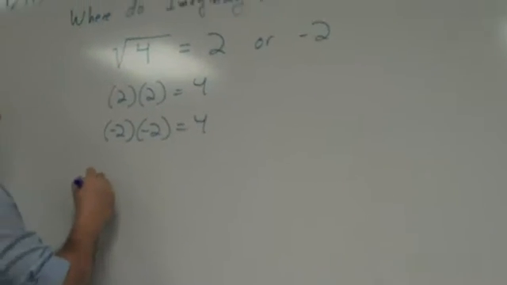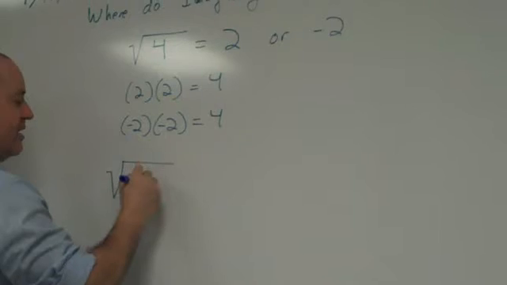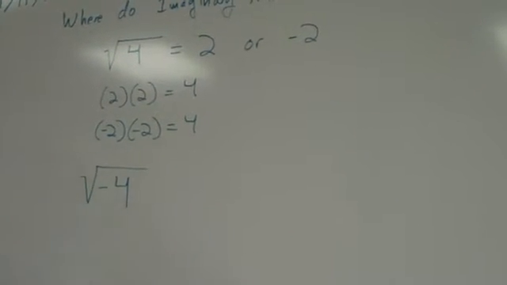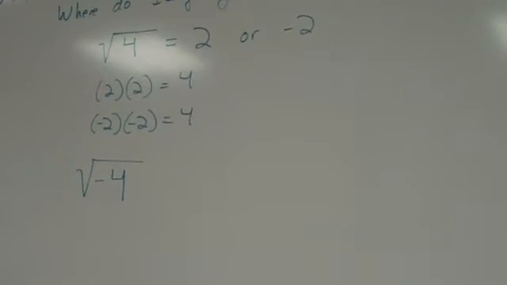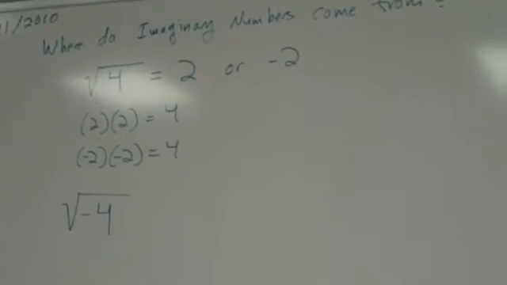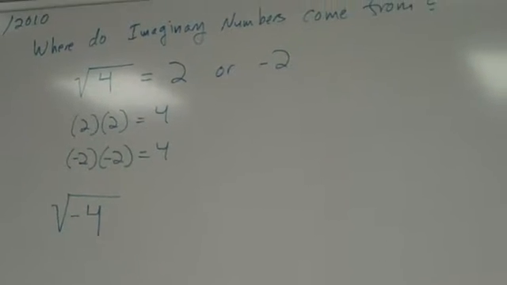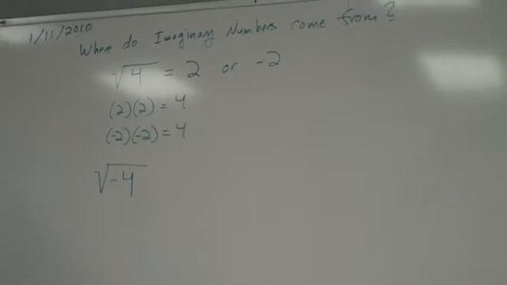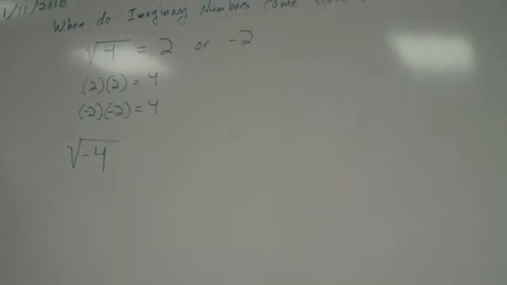The question is, what do you do if you have the square root of negative 4? It doesn't work is the short answer, and it's the answer that will carry you through most real-life applications. If you're doing carpentry, or basic engineering, mechanical engineering in particular, well, in mechanical engineering you could wind up with trouble with this as well.